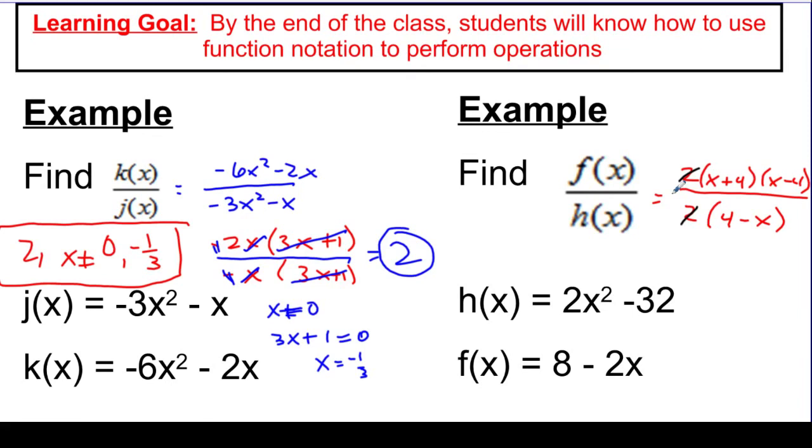I see an x minus 4 in the numerator and a 4 minus x in the denominator, and I'm looking at those and saying they kind of look close, but they're not exactly the same. They're off by exactly a negative sign. This has got positive x, that's got negative x. This has negative 4, the bottom one has positive 4. So if I want to cancel them, I can, but I need to switch the signs on one of them. I'd like this to really become negative x and positive 4.